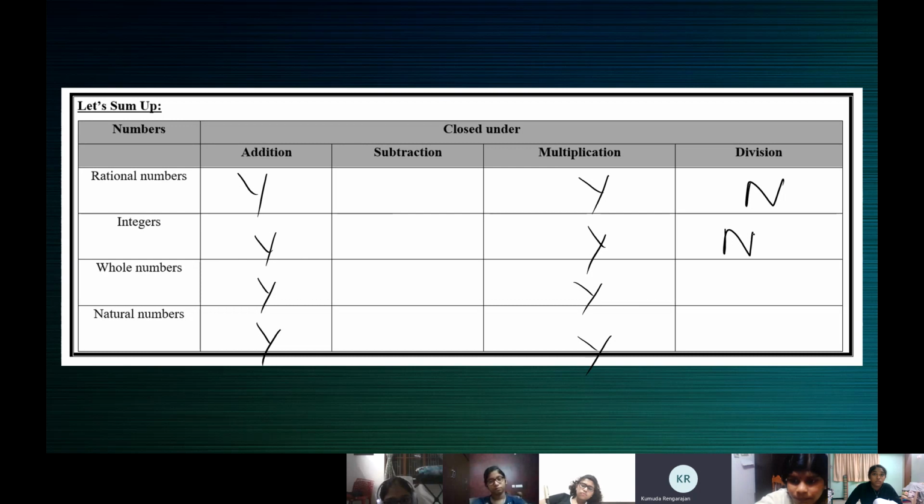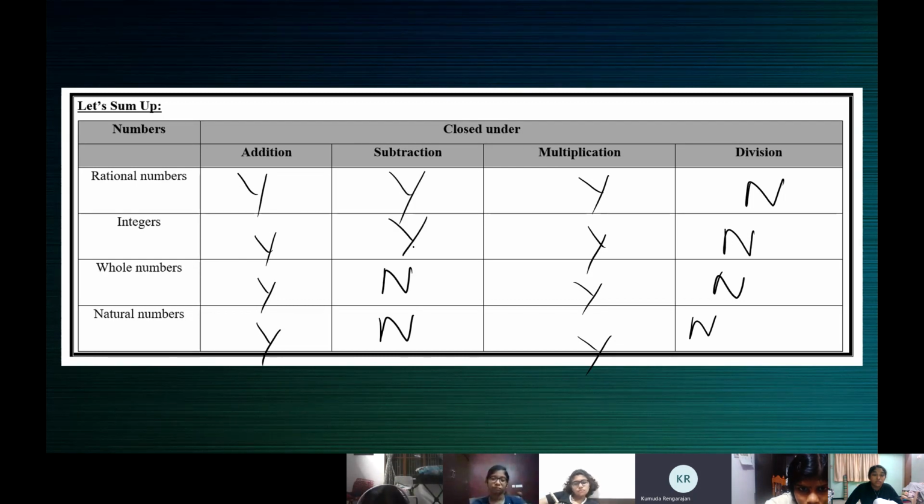Division in all the tables, no. Subtraction in all the tables, no. But in this closure property, for rational numbers and integers it is yes. Yes, ma'am, because of the vast collection. Correct.